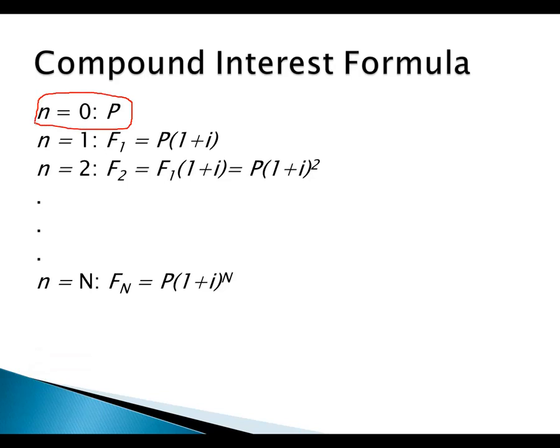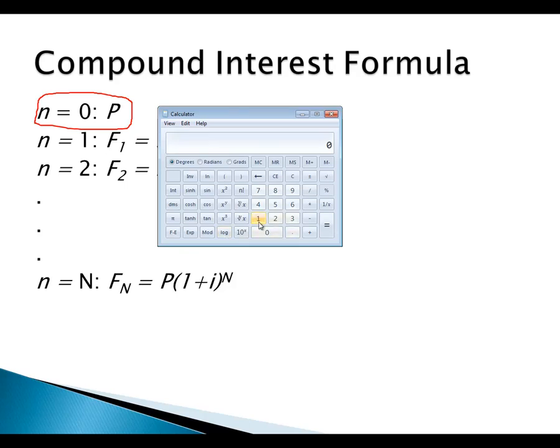After the first year, the new value will equal the principal amount multiplied by 1 plus I. And if you use the calculator again, you will see that 1 plus 0.08 will equal 1.08, multiplied by 1,000 equals 1080. And this is the new amount after the first year.